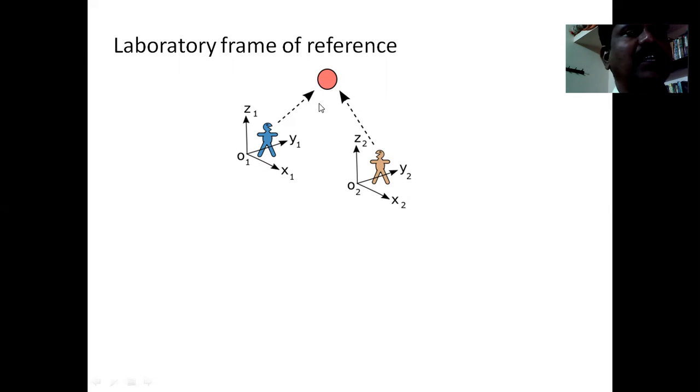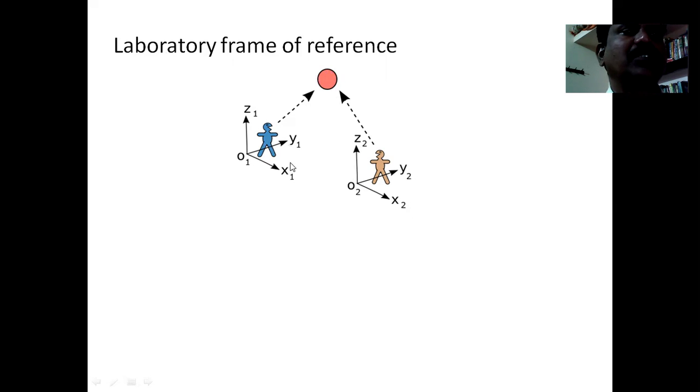They fix a coordinate system with respect to their own reference points, and those coordinates define the position of the object. That is the laboratory frame of reference, or simply frames of reference, and here it is an inertial frame of reference.